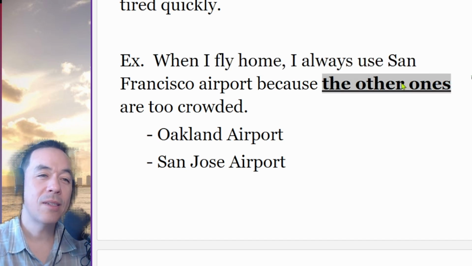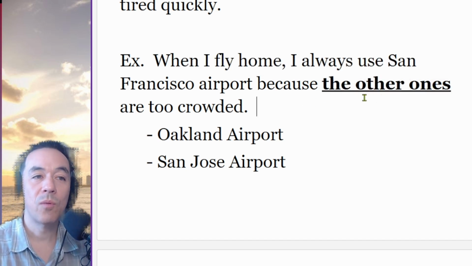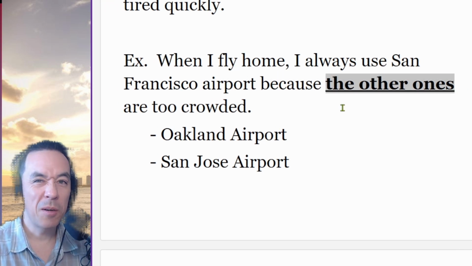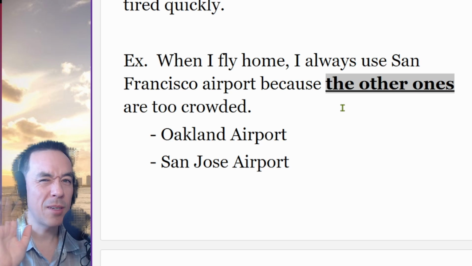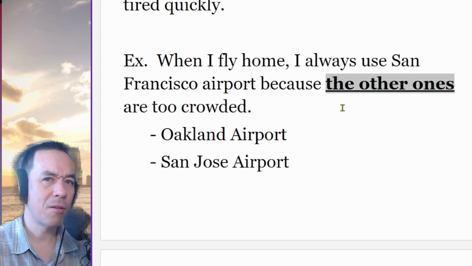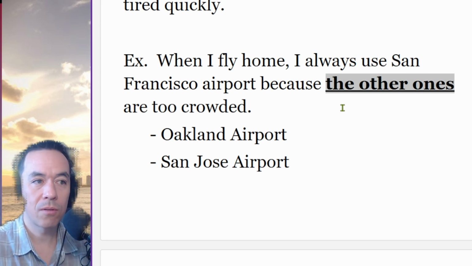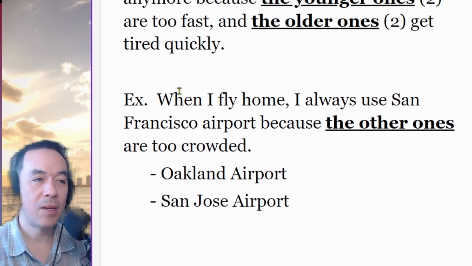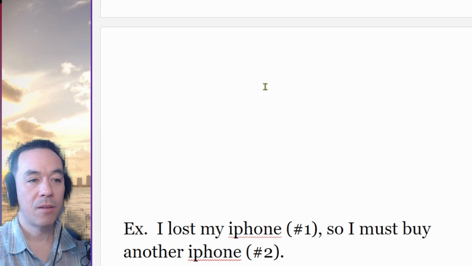Okay. But in this case, I'm just trying to show you that this is first time mention, but airports are pretty famous. I think I don't have to introduce it. I think you can understand it. Okay, but anyway, that's maybe a next level style.